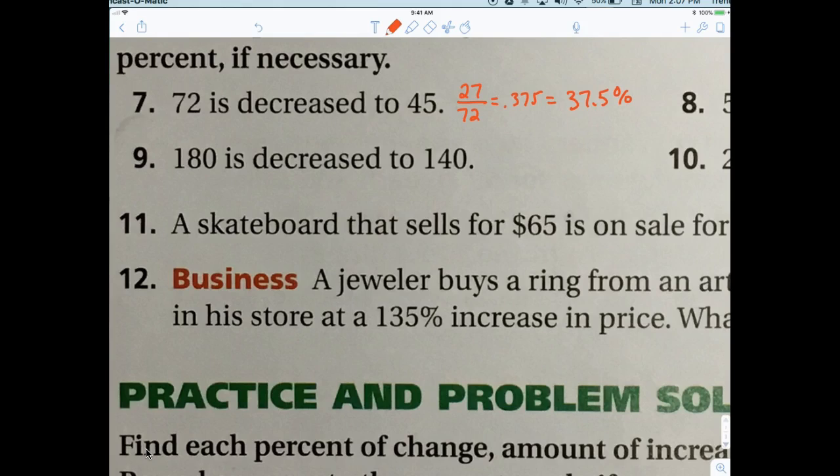All right, so now what do I do? Which is? Come on, you are not using a calculator to do that. 40 over what?